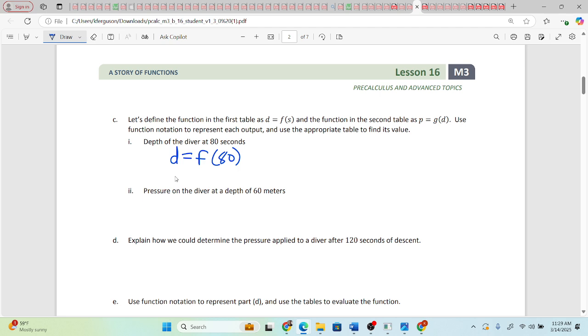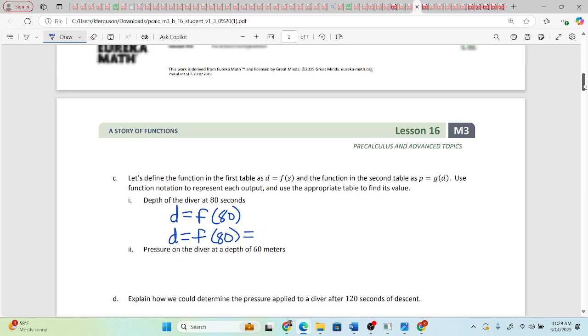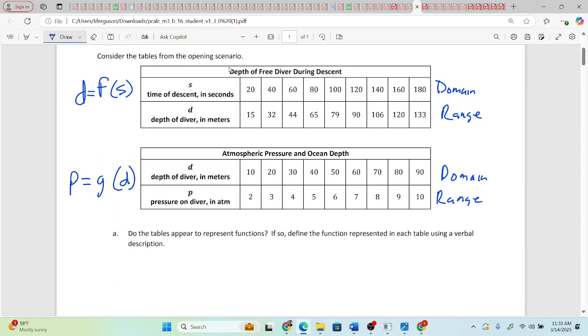So what's my answer for D equals f of 80? 65. So just for those watching the video, here's my input of 80, and then there's my output of 65. So that's what that chart is telling me. If I have an input of 80, my output is 65.